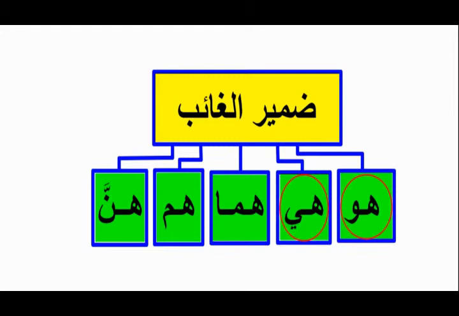But then we have huma. Now we didn't talk too much about huma, and we are going to, inshallah ta'ala, in the very near future. But when you have huma, this is referring to two. Now it could be mu'annith or it could be mudhakkar. So we're referring to two things, two students, two mothers, two fathers.